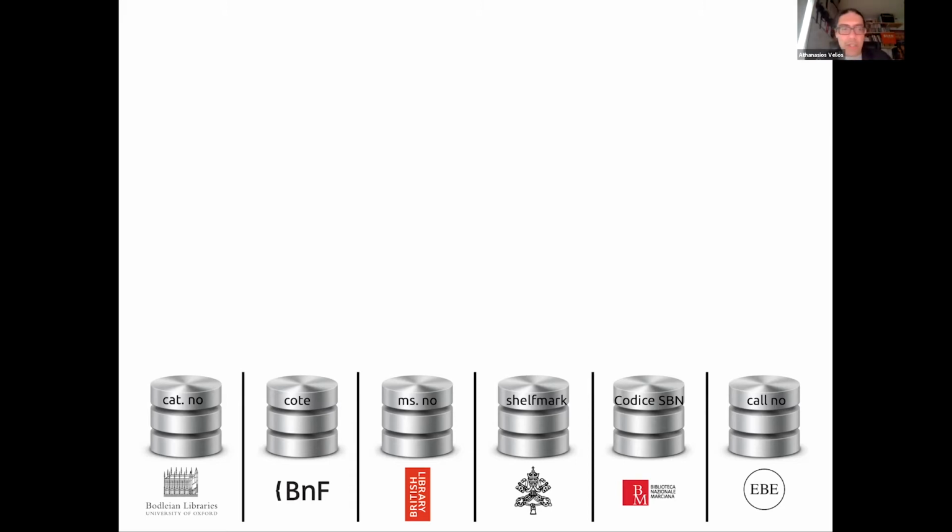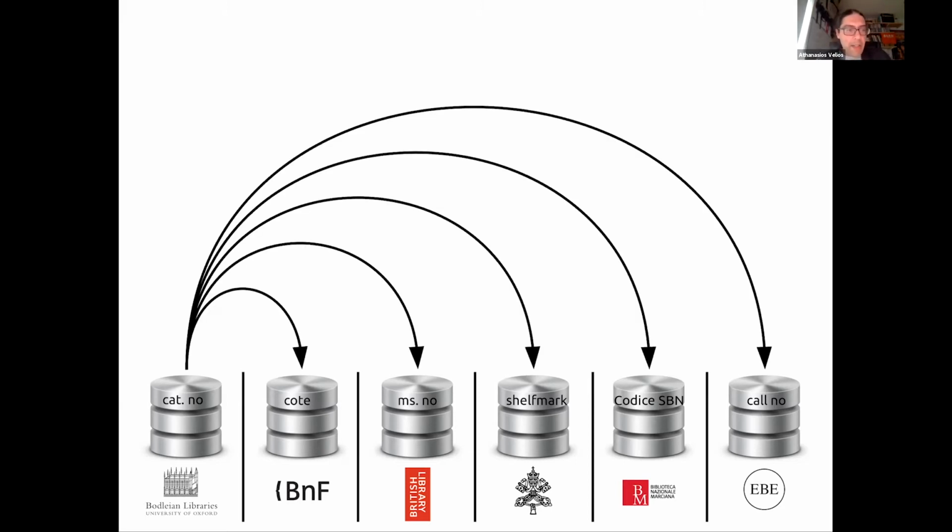So I work for the Bodleian, so I'm going to take my cat number from my database, match it to COT from the BNF, bring the COT results back and present them together, and do the same with every other database.